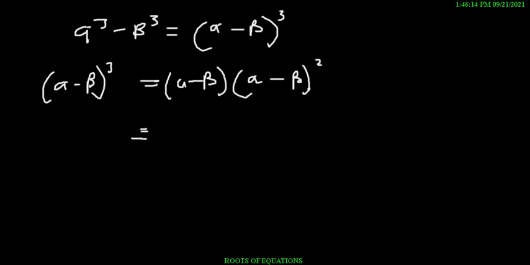So we've got alpha minus beta. And remember from the previous we found that alpha minus beta squared is alpha squared minus 2 alpha beta plus beta squared.